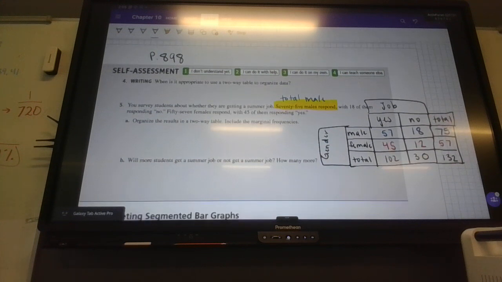All right, will more students get a summer job or not get a summer job? There's more people in the yes column. So we're going to say more students will get a summer job.